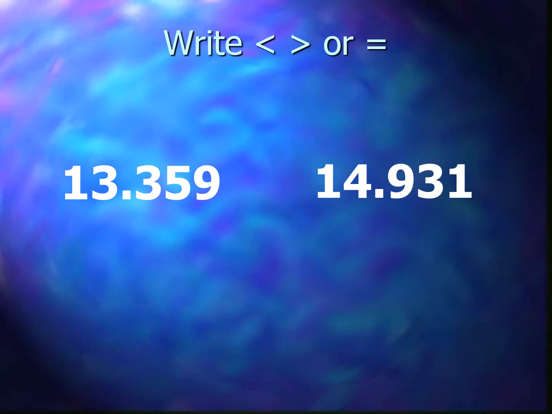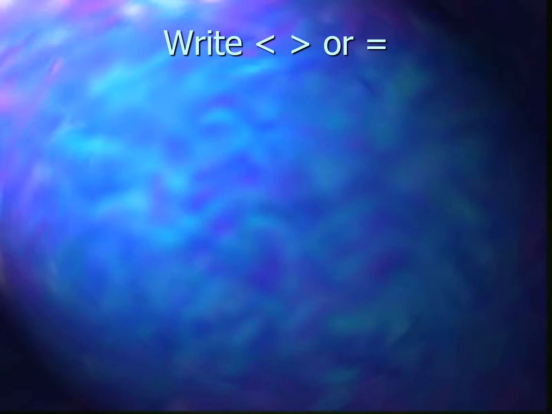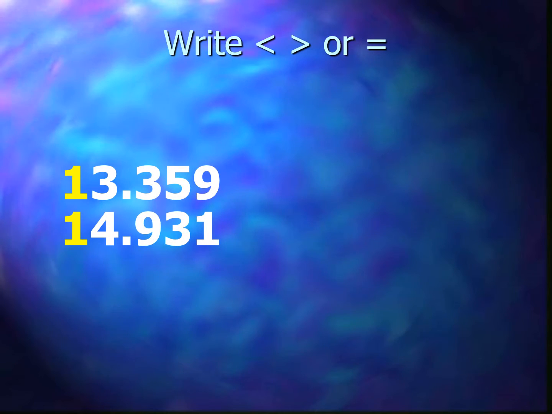Okay, you try this one on your own. You may pause the video and come back and I'll tell you the answer. Okay, welcome back and thank you for working hard and staying with me here. So the first step, line up your numbers. Line up your decimals. Go as far left as you can to the highest place value. In this case, the tens.